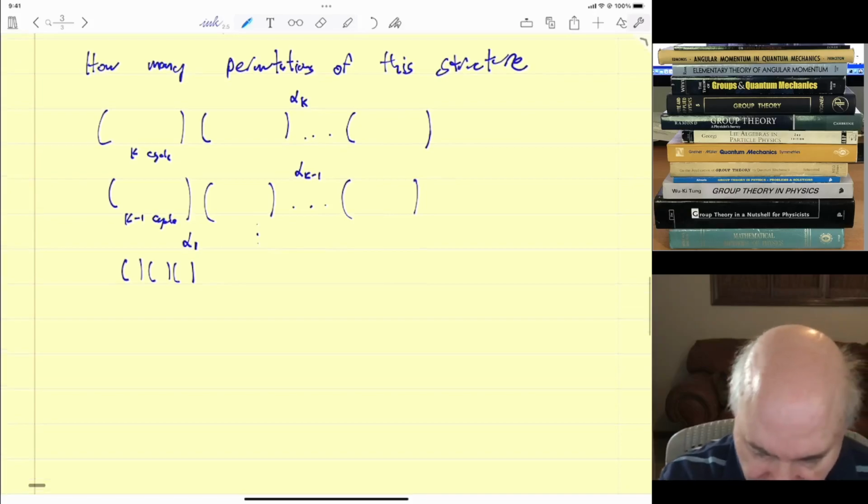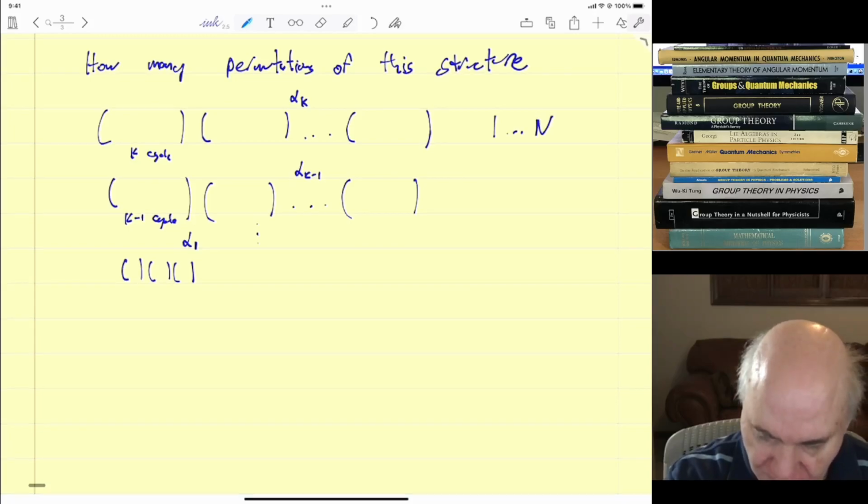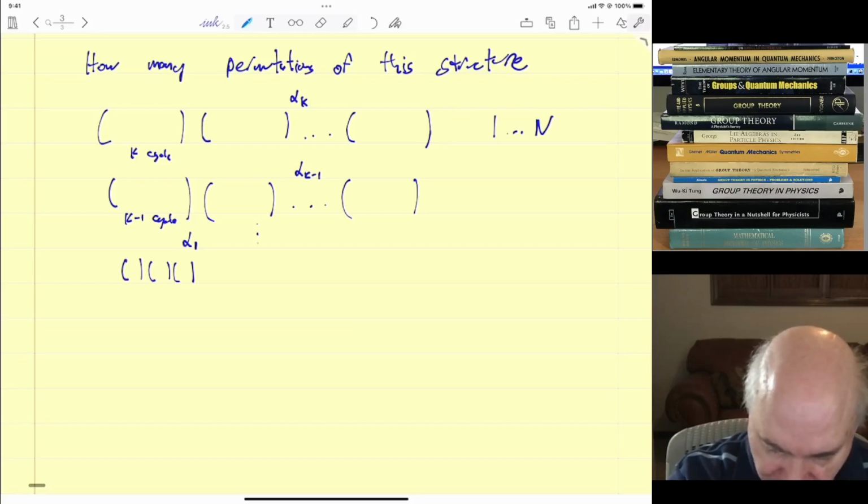Now, basically, the question is, when we take our integers from 1 to n, how can we throw them in these? We know there's n factorial ways of organizing the n integers, but there are some repetitions and redundancies. So let's find the redundancies. Well, first, since we have alpha k cycles, I could switch this one with this one and this one with this one.